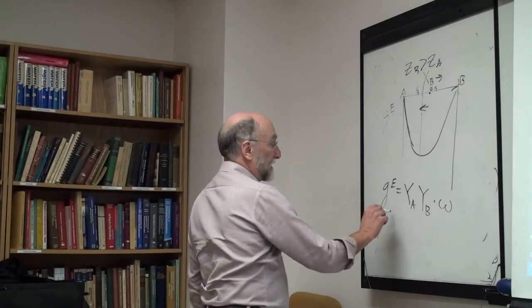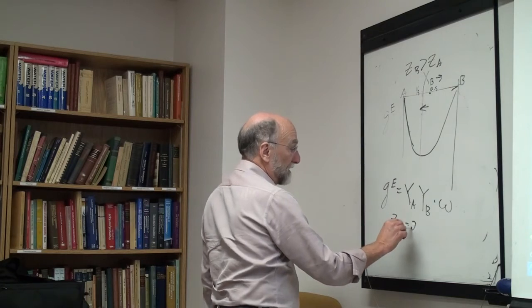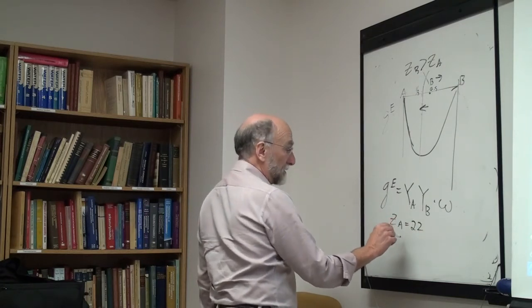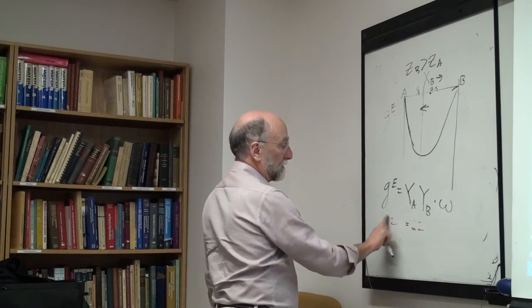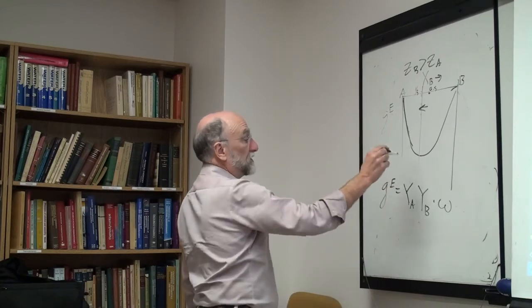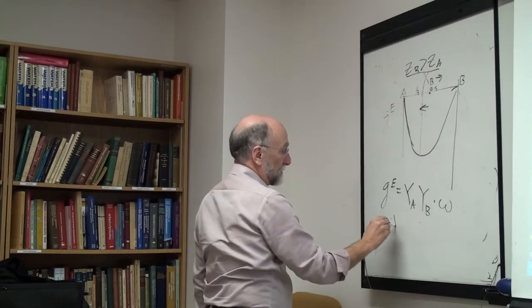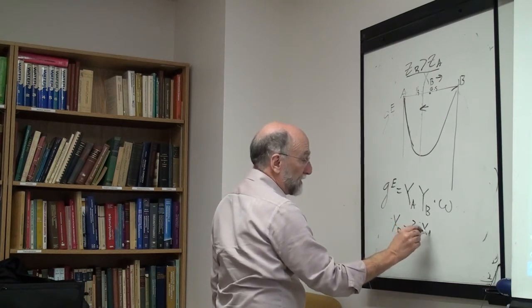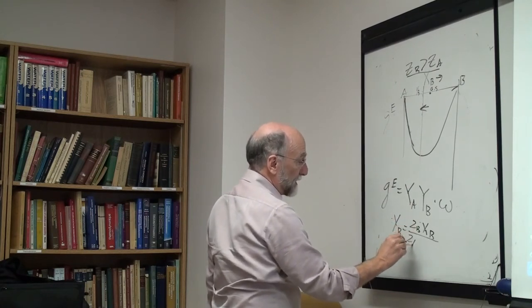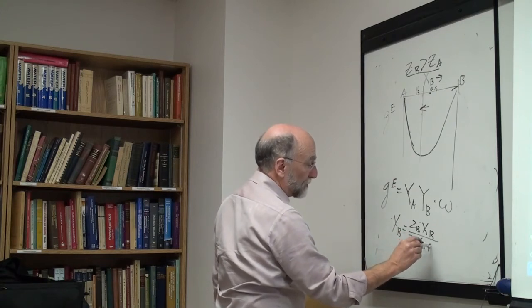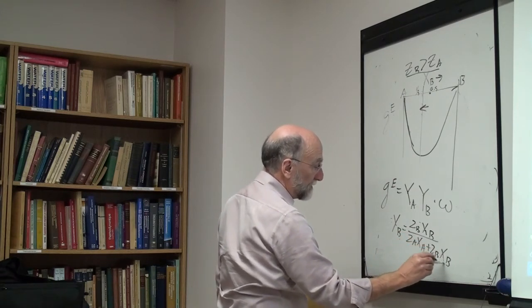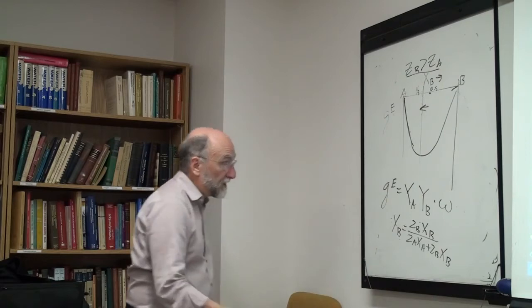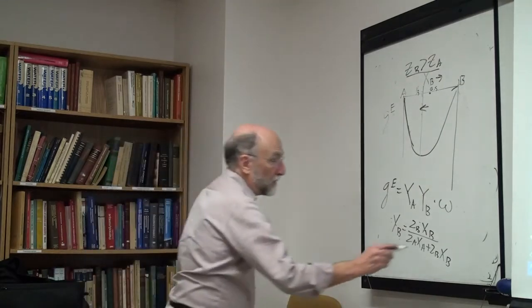Where I say, let us suppose that ZB is 2ZA. So YB is ZB XB divided by ZA XA plus ZB XB, and YA is ZA XA over the same denominator, which is 1 minus YB.